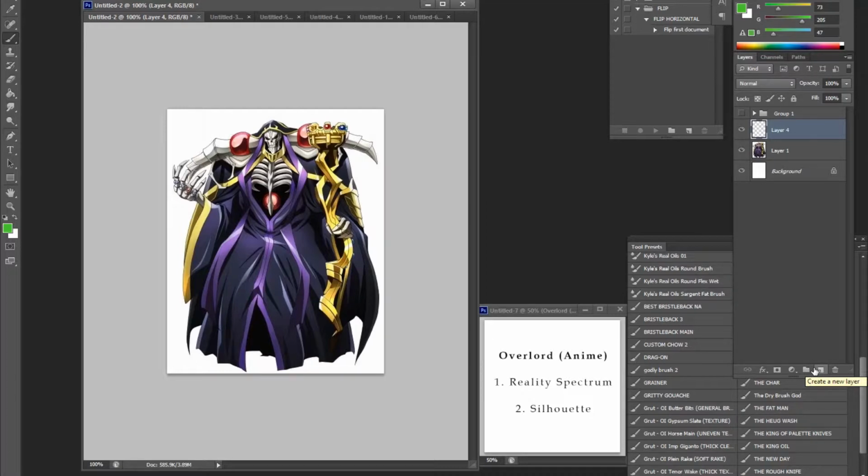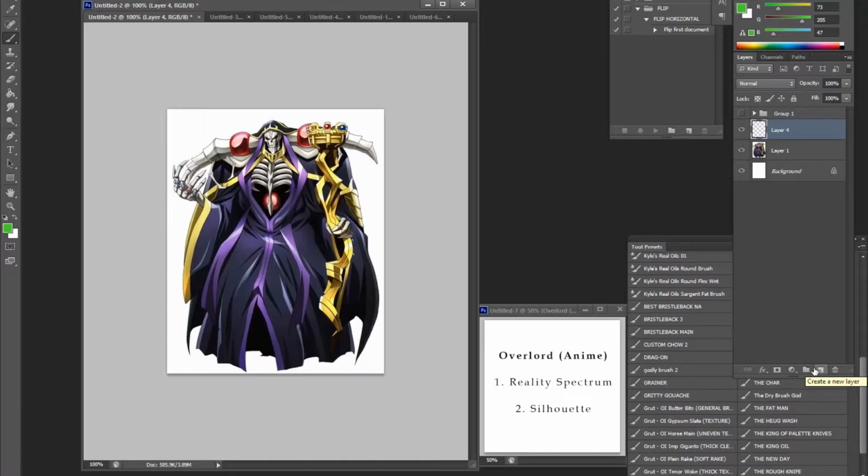You notice that this design, I feel, is very strong, and the reason why is from a reality spectrum basis, everything is consistent.